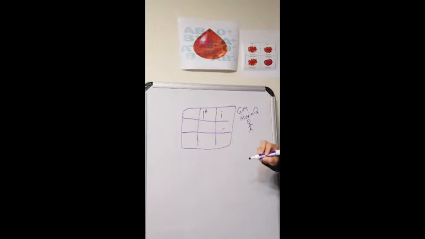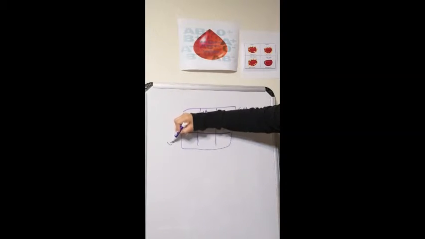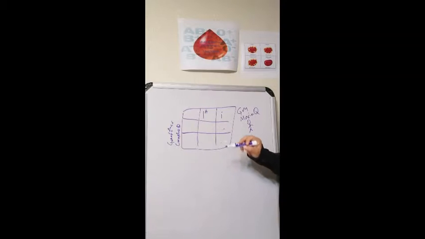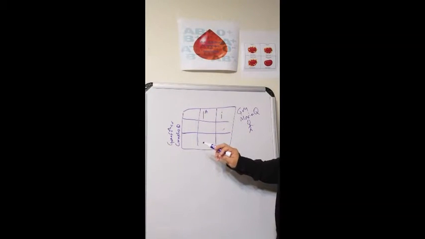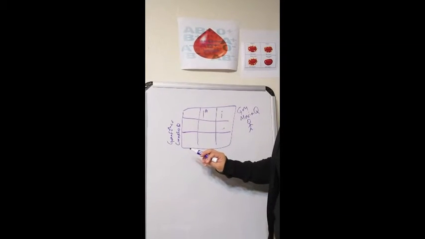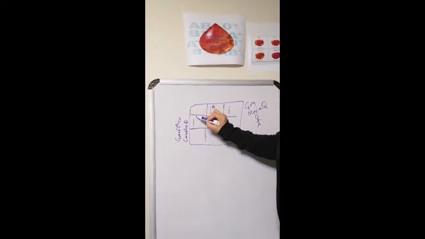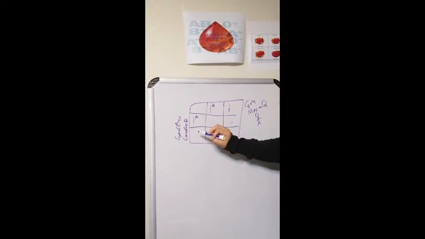My grandfather, Cornelio Quiñones, he also had blood type A. So the phenotype is also type A, and the genotype is written like this. It's a capital I with the A and the little i.